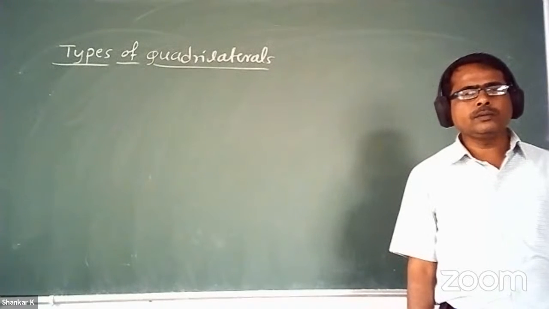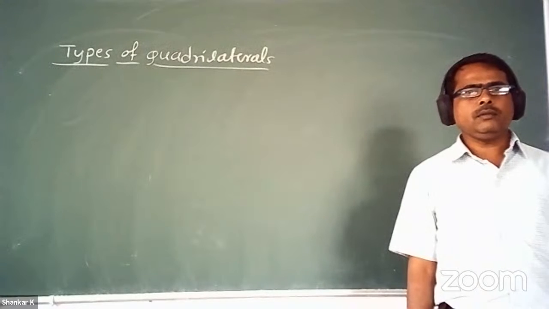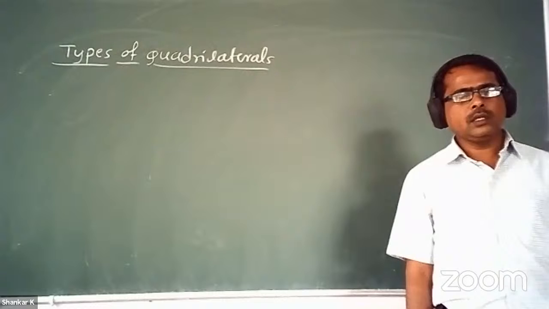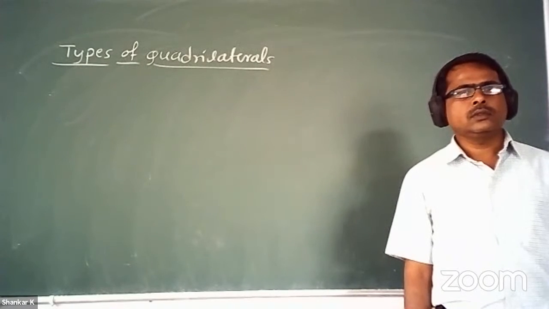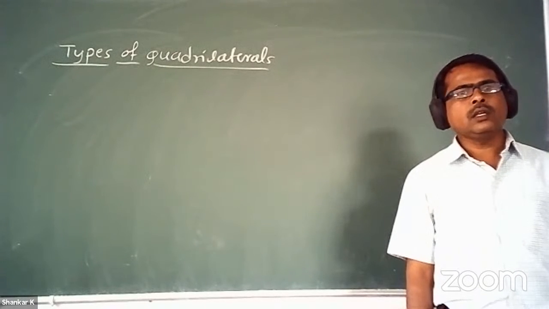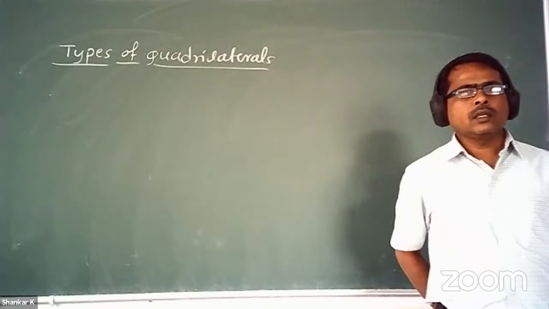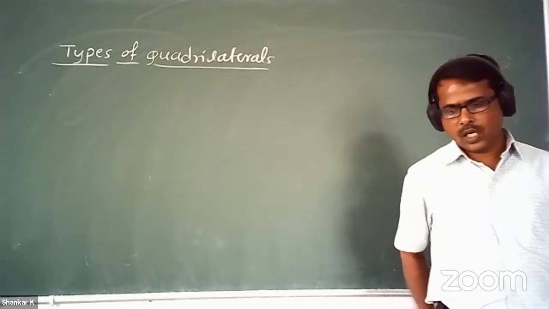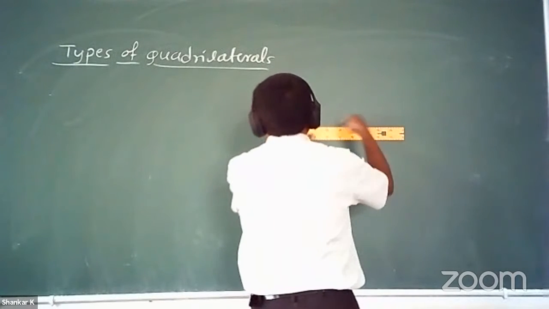A rectangle is also a parallelogram in which opposite sides are equal and all angles are equal to 90 degrees. Or a rectangle is a parallelogram with all right angles and opposite sides equal. I'll draw one rectangle and explain.